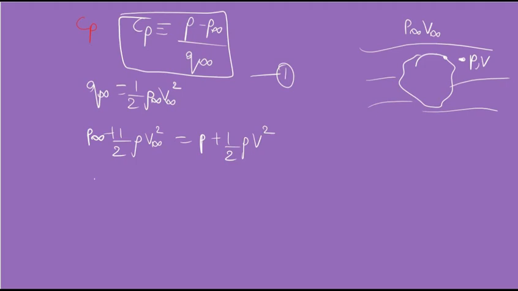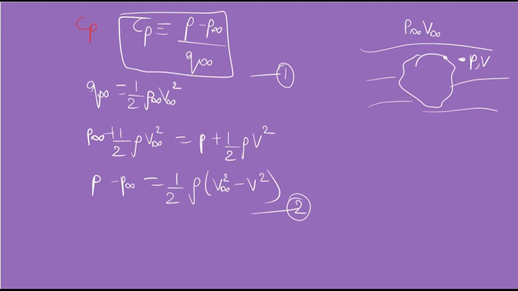Or I can also write it as P minus P infinity equal to half rho into V infinity square minus V square. Let us say this is our equation 2.